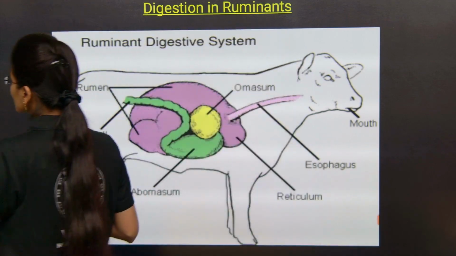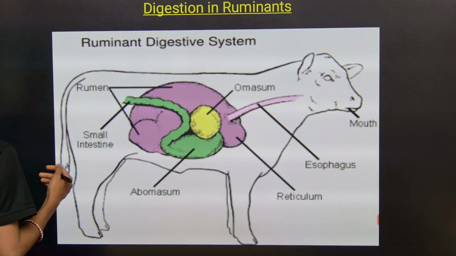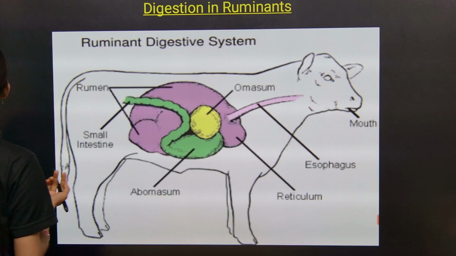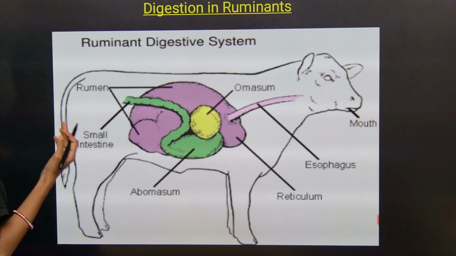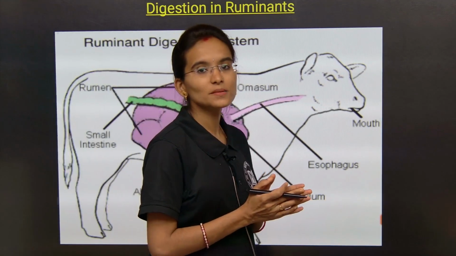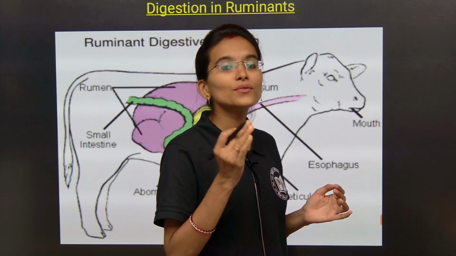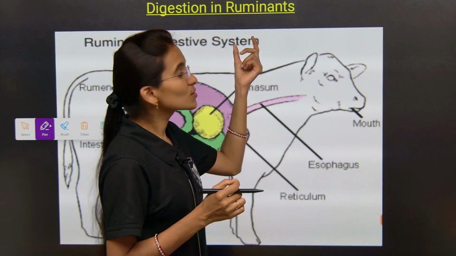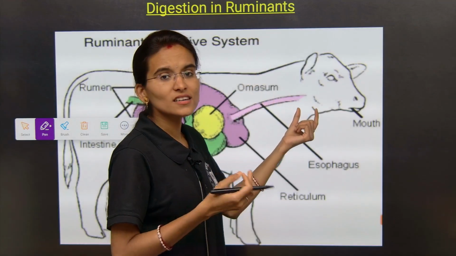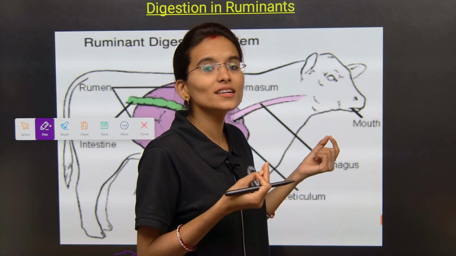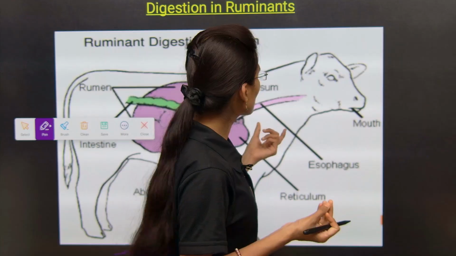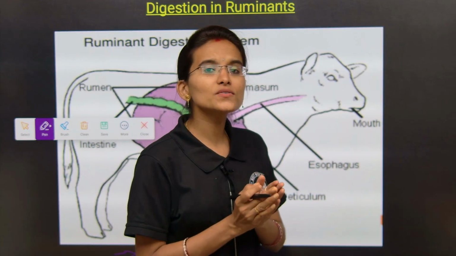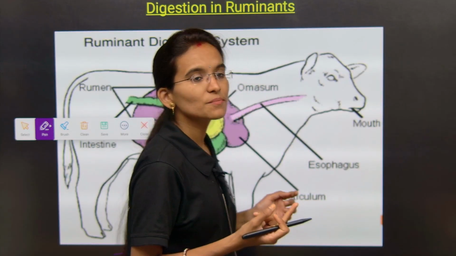So when we talk about the digestion in ruminants, there are mainly 4 main parts, my dear students. Ruminants are nothing but herbivores which eat plants.